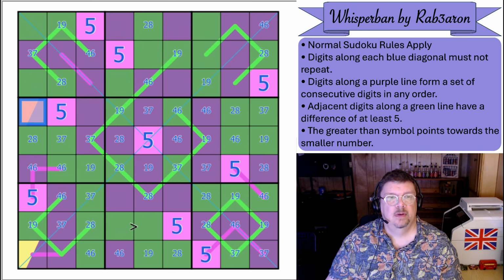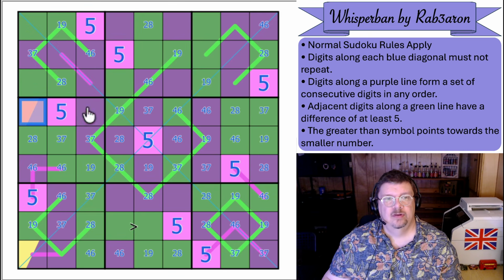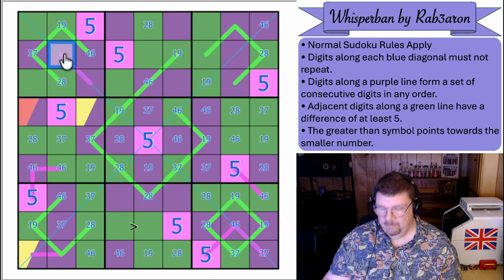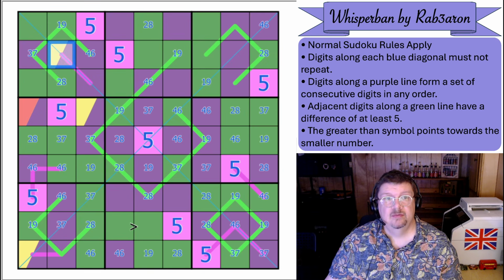So that's 1, 9, that's all 2, 8s. So that is the opposite. That one is yellow. 1, 9s and 2, 8s. So that one is yellow. That one is red.